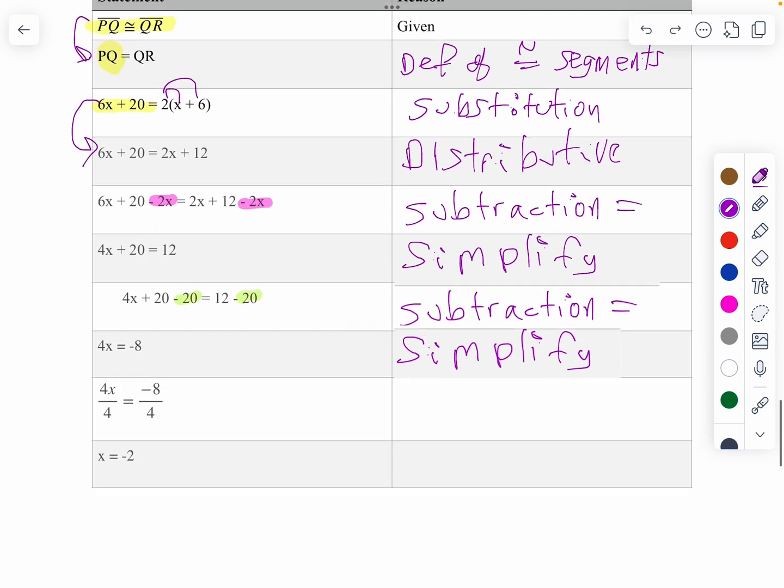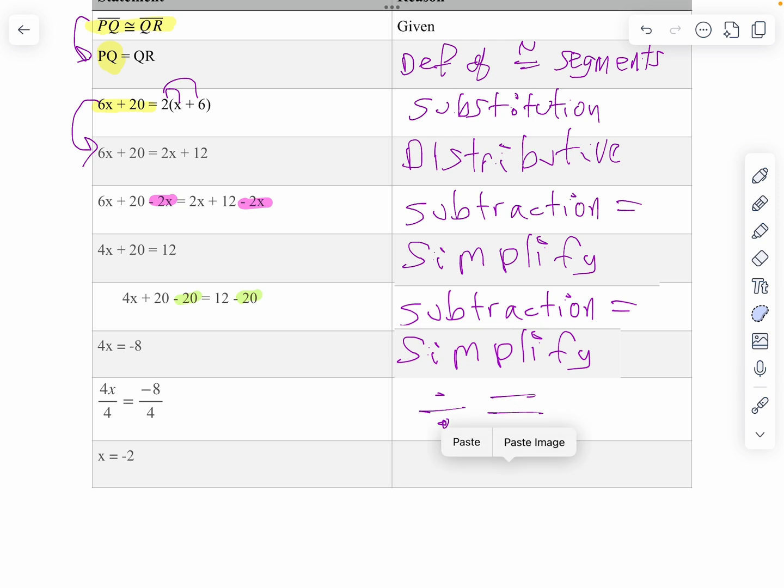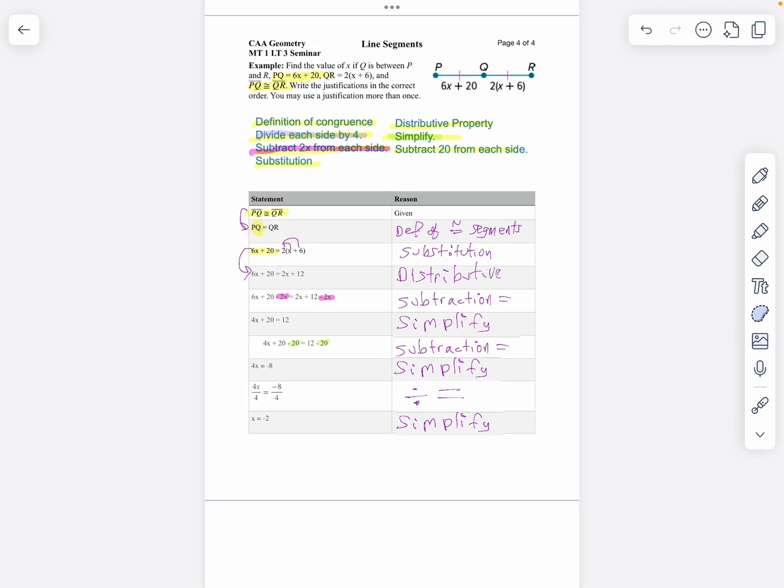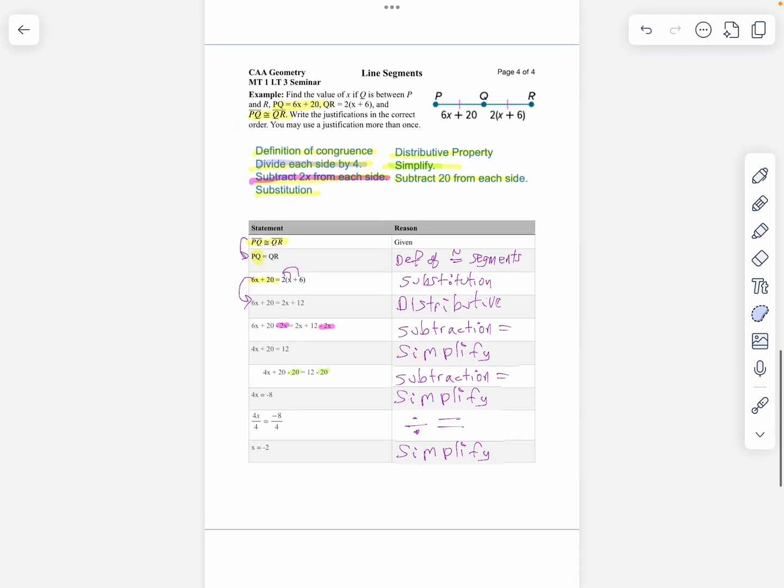So that's your division property of equality, which I'm just going to abbreviate with divide and equals. And then the last thing we do, we actually took negative 8 divided by 4, so we simplified it again. And there you have it. That's called a proof when you tell me why something is true.